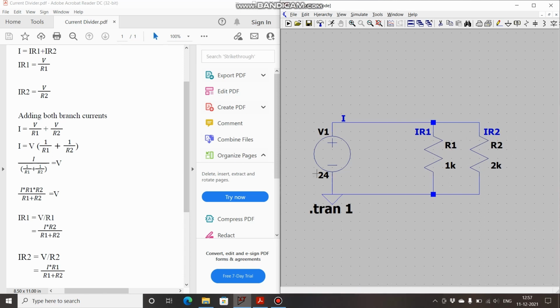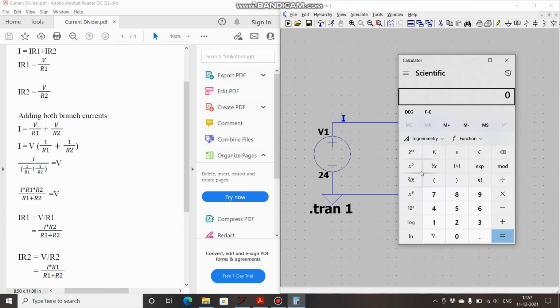Now by the formula that I told, the current through this branch, through 1K, is going to be 36 milliamp into 666.67 divided by 1000. Let's see it. So 0.036 into 666.67 divided by 1000.